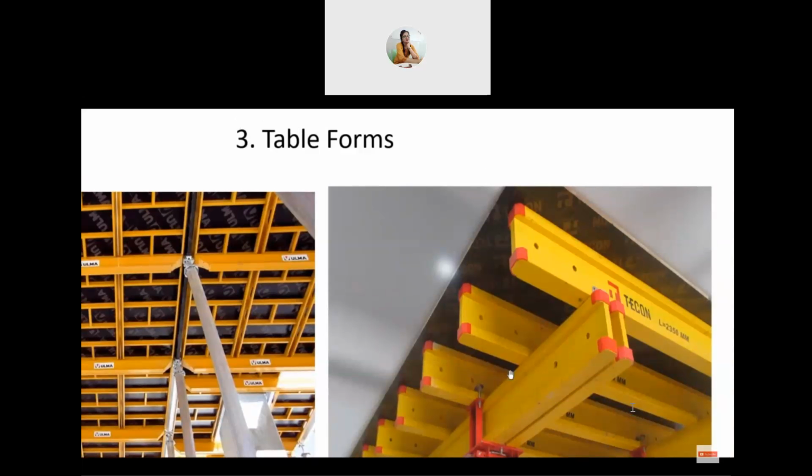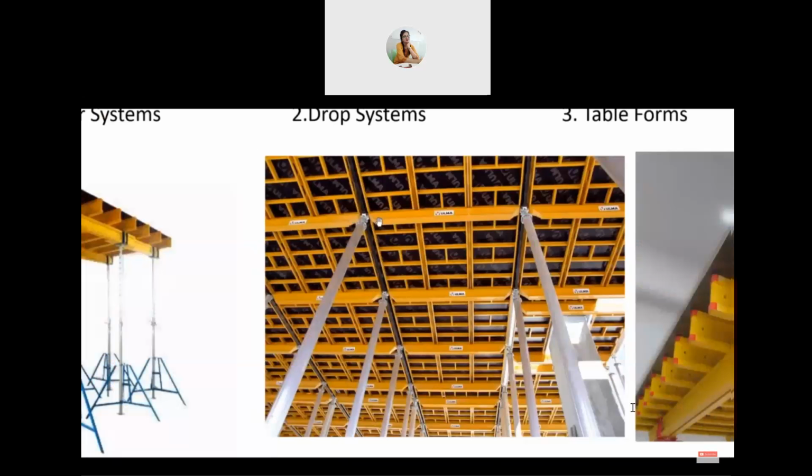The name also, just tables, means anybody can understand, right? But now, sorry, drop system, right? You will ask what is drop system? Drop system is the same as a panel formwork, but it is laid horizontally for the slab.